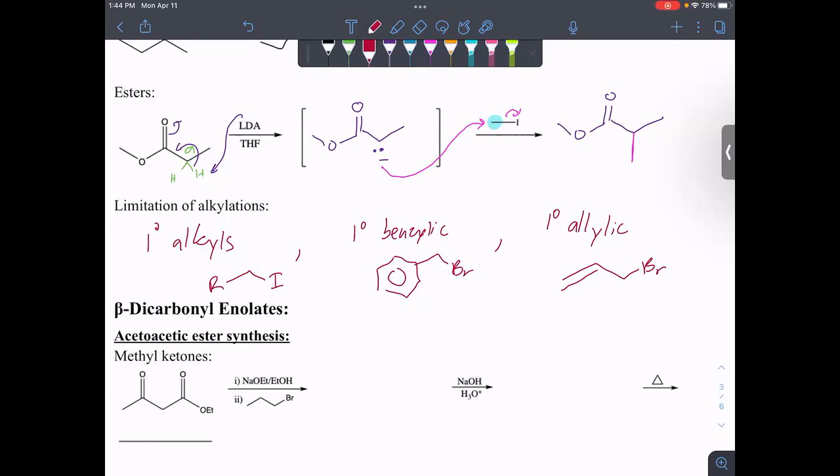Those are the only alkyl halides you're really allowed to use to alkylate the alpha carbon. The rest are just going to eliminate. Yeah, it wouldn't happen.